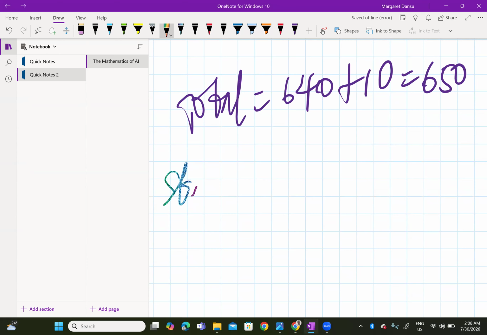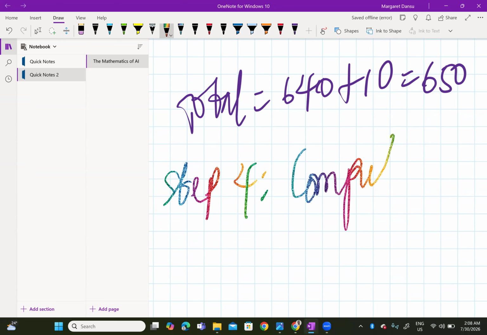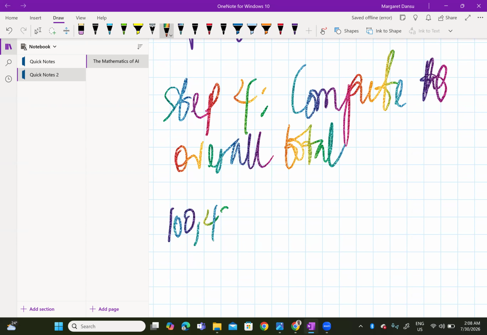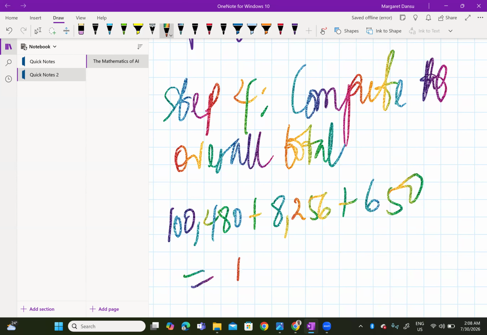So step 4, compute the overall total, and that is 100,480 plus 8,256 plus 650, and everything goes to 109,386.